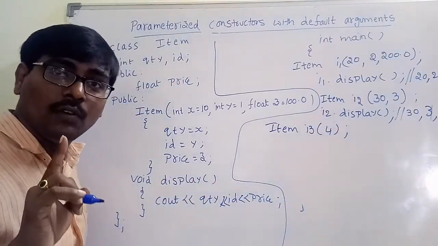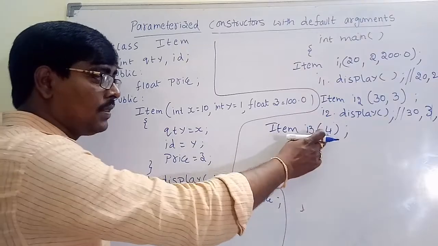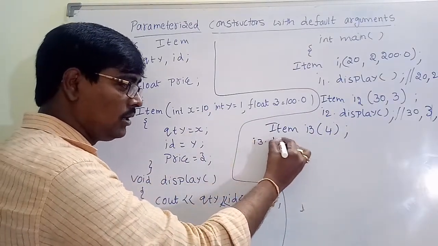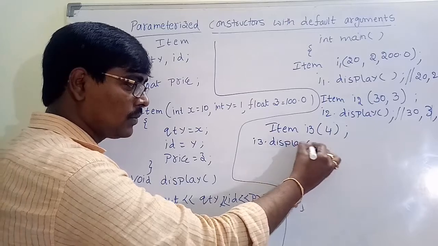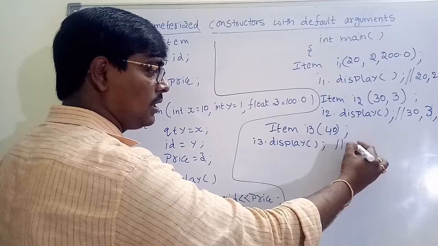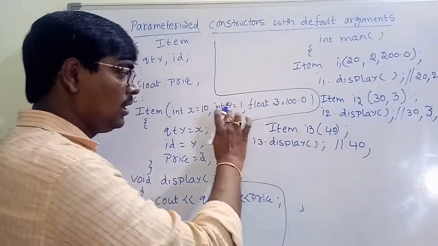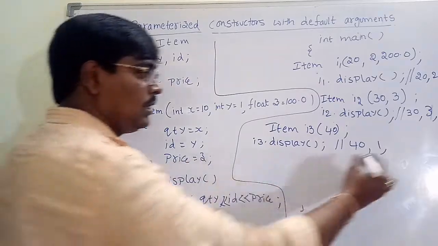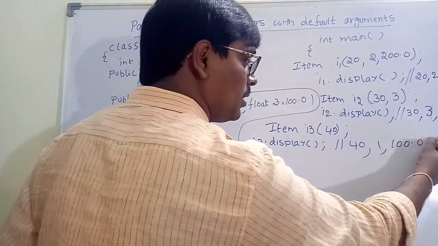Here I am passing only one parameter, that is copied into x. So i3 dot display, what are the values? The values are 40, the y value, that is the id value, is 1, and z is 100.0.